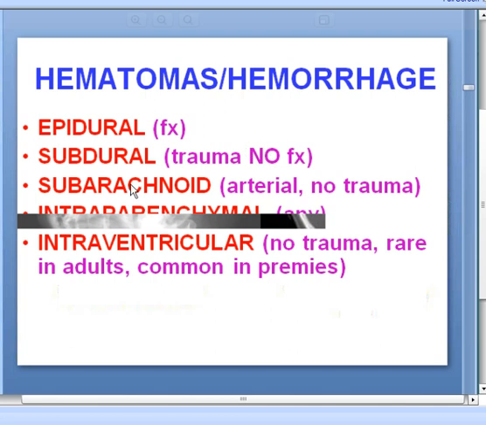Now, let's talk about subarachnoid hemorrhages. So most subarachnoid hemorrhages are not associated with trauma. If you remember, the subarachnoid space, whether you are in the brain or spinal cord, is the area where all of the large arteries are present.